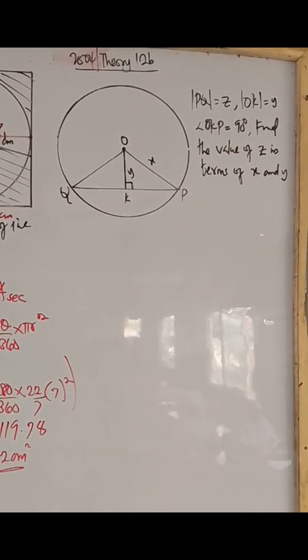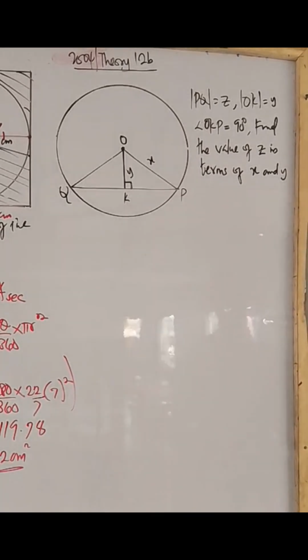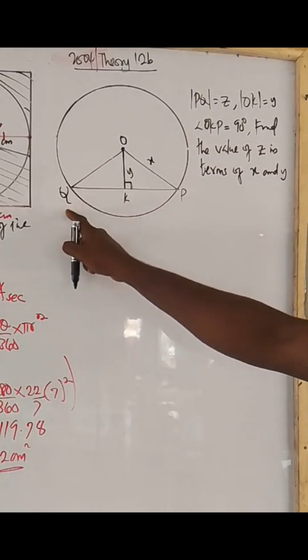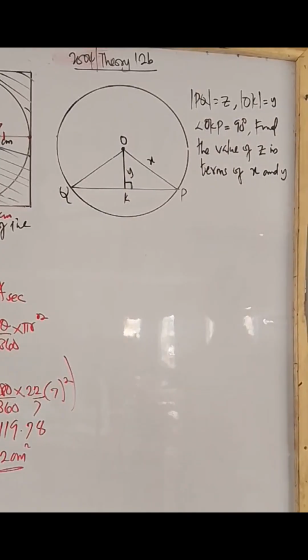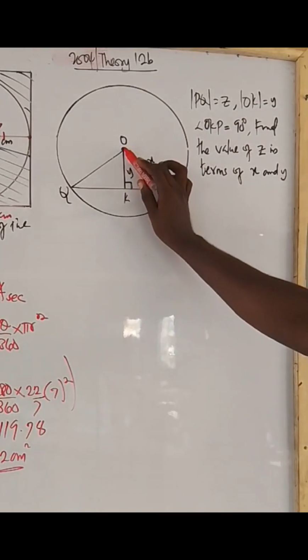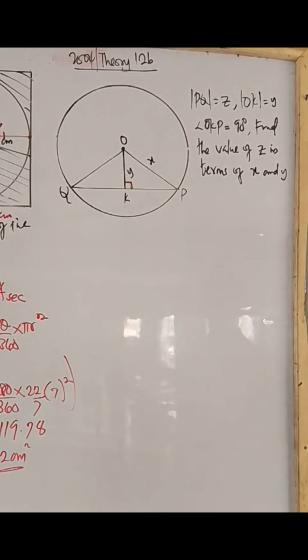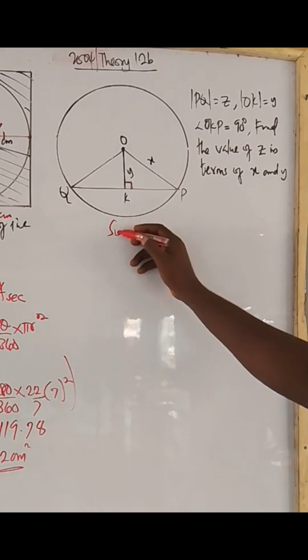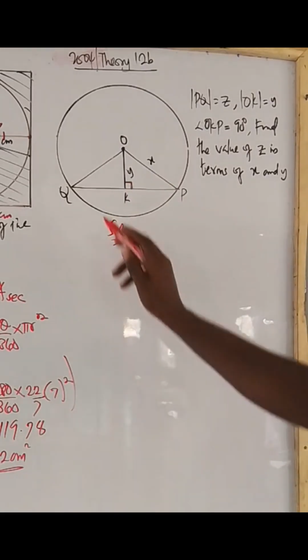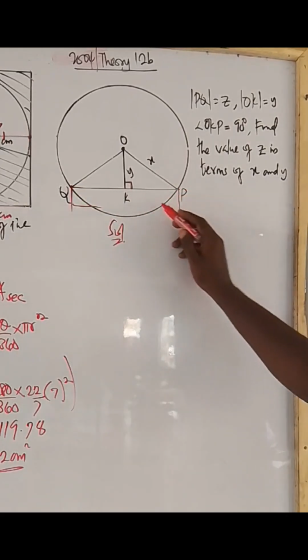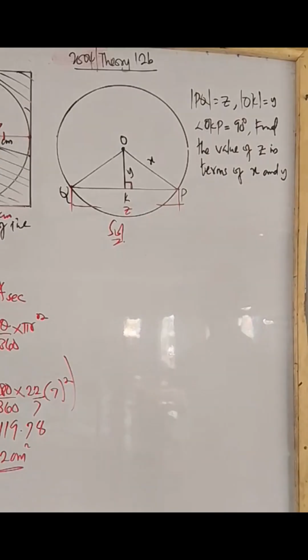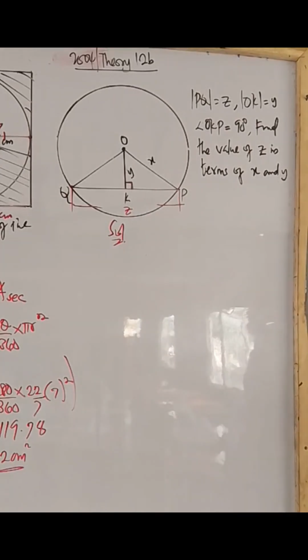Now in this particular question, still in 2004 theory 12b, PQ right here is Z, OK is Y, and angle OKP is 90. Find the value of Z in terms of X and Y. So we are told that from here to here is Z. So we are using theorem 1 here.